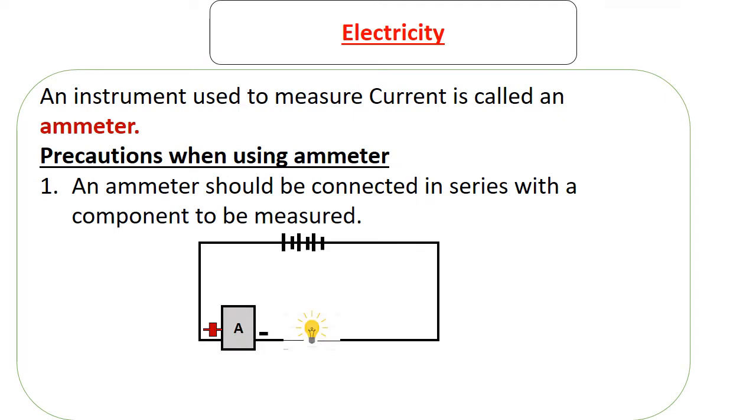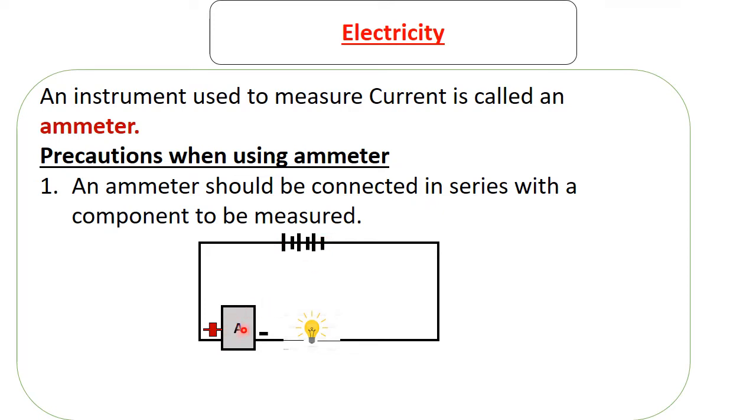So if this is your circuit, batteries are usually represented by this, where these are the cells. One side is going to have a longer line than the line on the other side. The side that has the longer line is said to be the positive side, and the side that has the short one is said to be the negative side.